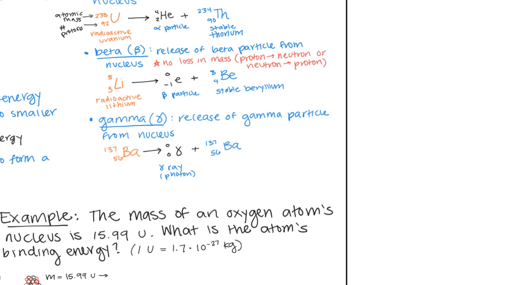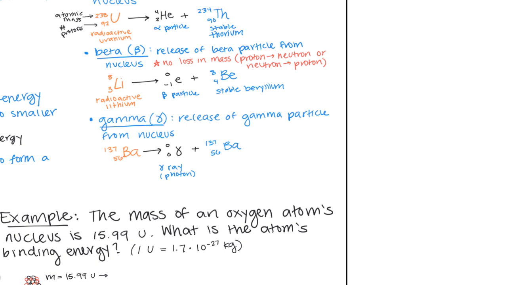But the ultimate goal of beta decay is that the atom is not losing mass. It is simply losing a little bit of charge, so that a proton in its nucleus could become a neutron, or a neutron in its nucleus could become a proton. It's kind of just readjusting that proton to neutron ratio in the nucleus.